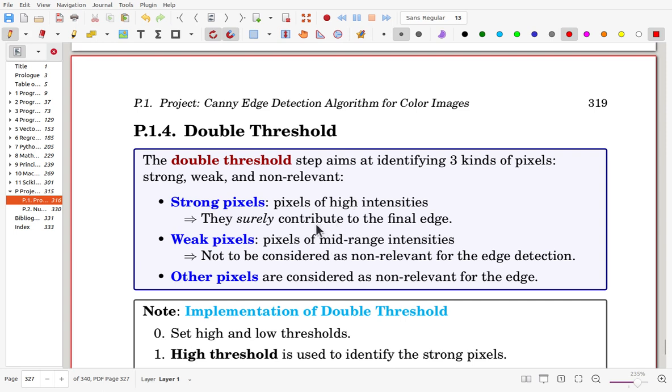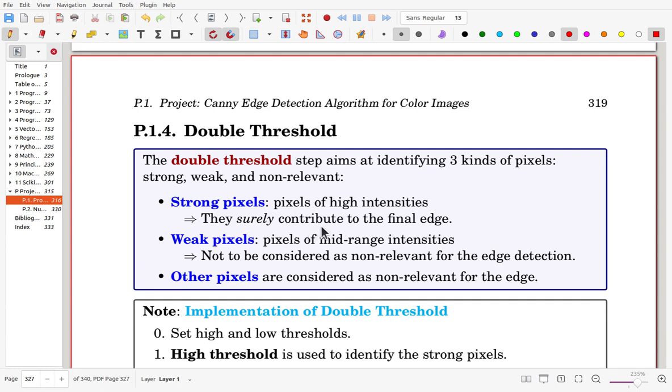Strong pixels are pixels of high intensities, and if you are sure that the point must contribute to the final edge, then we take the pixel as a strong pixel.